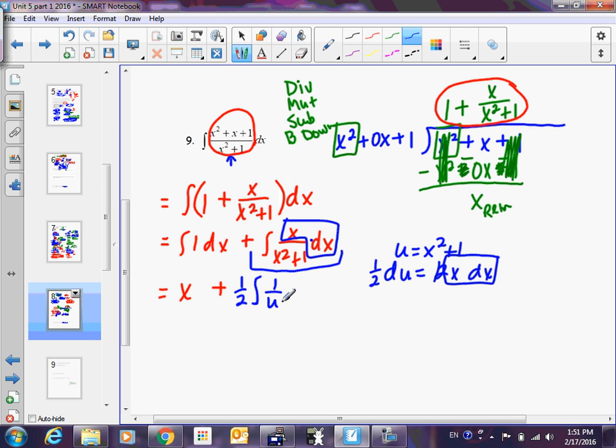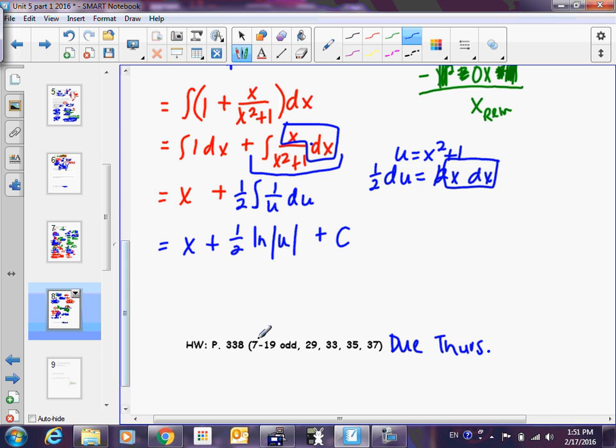And so we end up getting 1 over u du. So this part of the problem right here is just like what we did yesterday. So we have 1/2 natural log of u. I'm going to go ahead and put plus c since I'm done integrating.